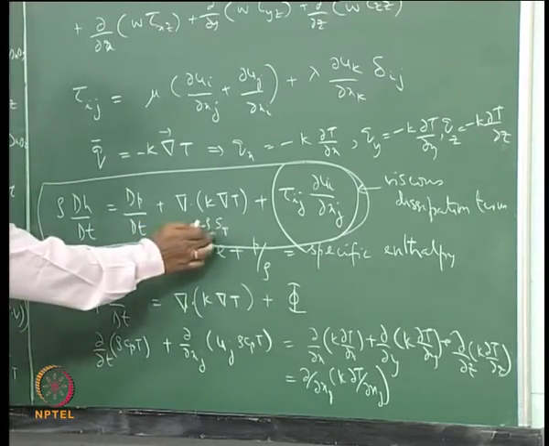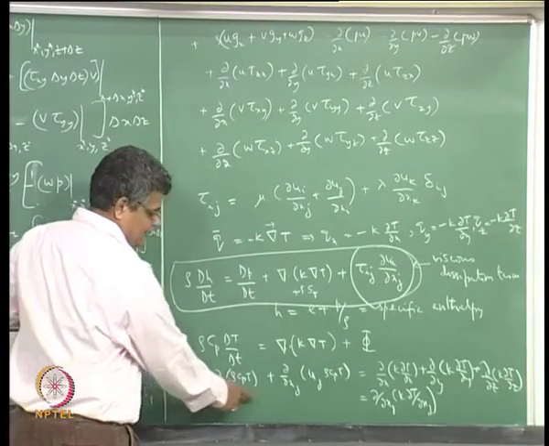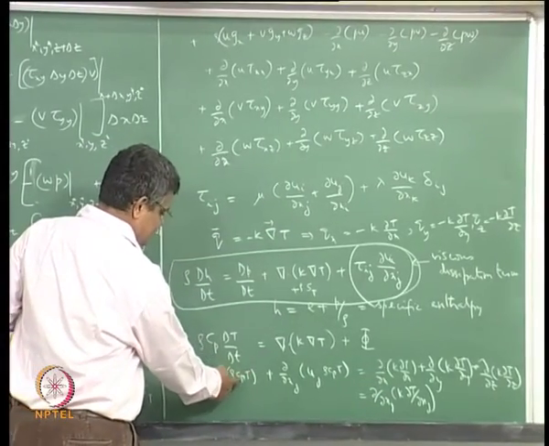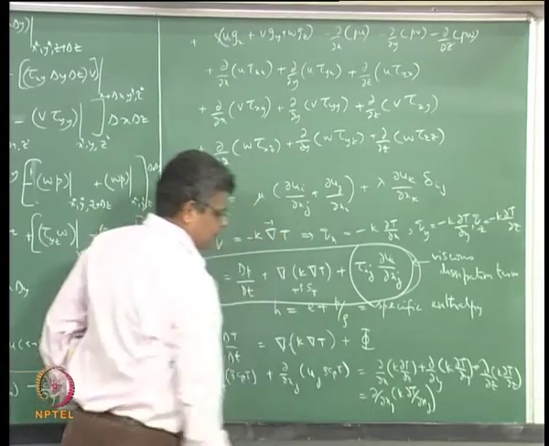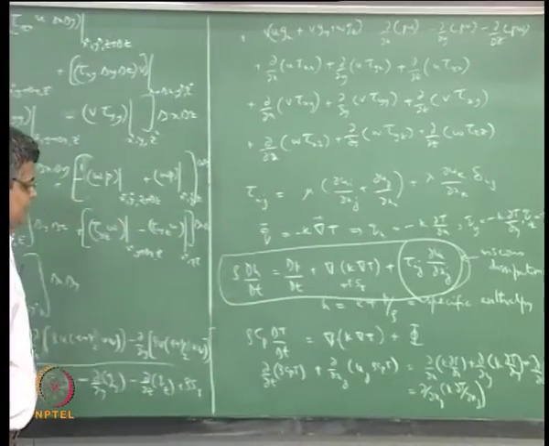When there is no source term, then it comes like this, which we readily identify as the standard scalar transport equation, where the scalar is Cp times T. So it falls into the scalar transport equation, and this k is the effective diffusivity of the scalar.